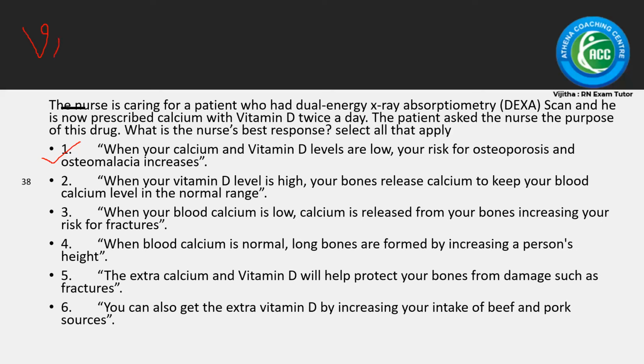From where do we get vitamin D? Sunlight, some food. Yes, we get it from food as well as from sunlight. The natural source of vitamin D is sunlight. Okay, so why is it important? What is the function of vitamin D? It helps absorb calcium.